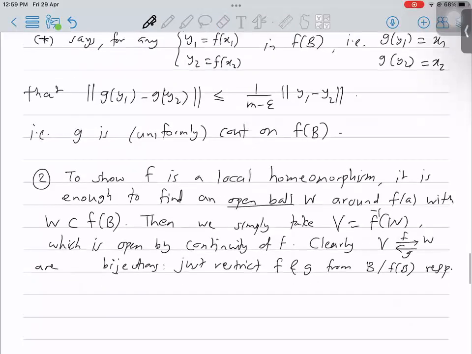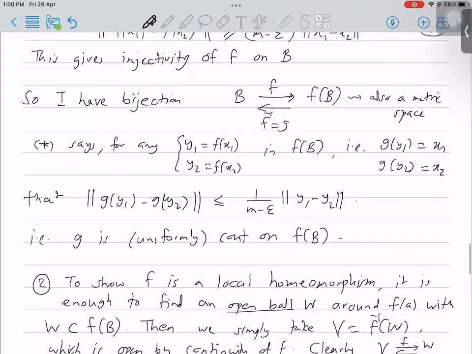Okay, so this is really the fact. How do I find this W? And this question that was asked earlier will come into the picture.